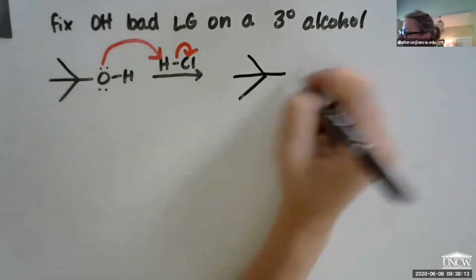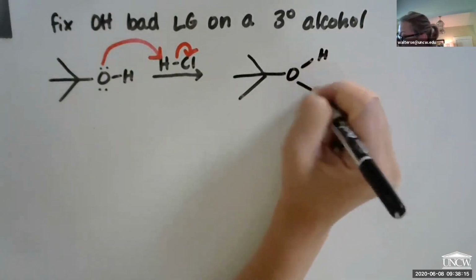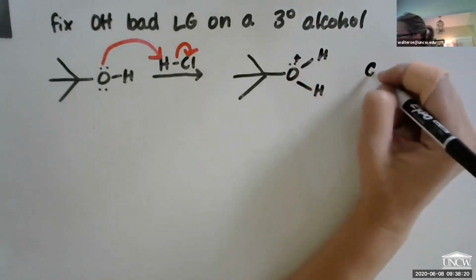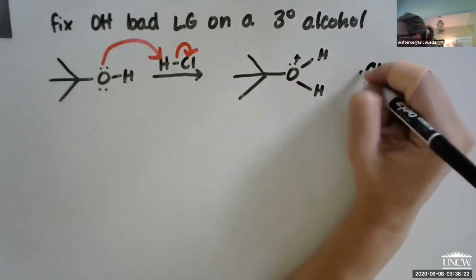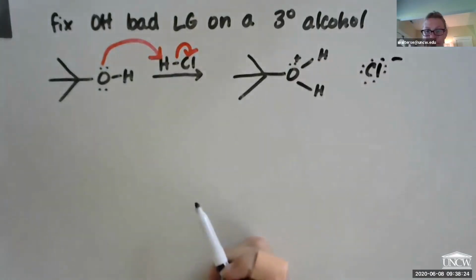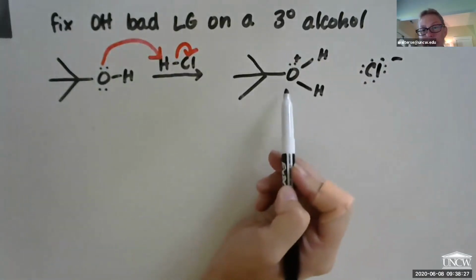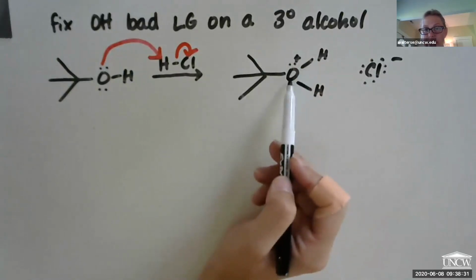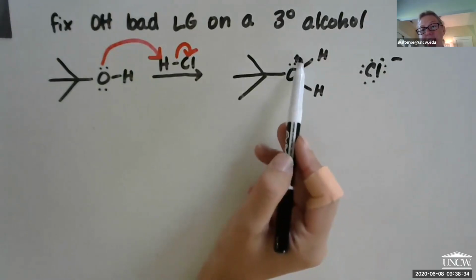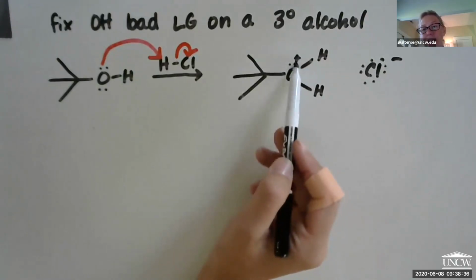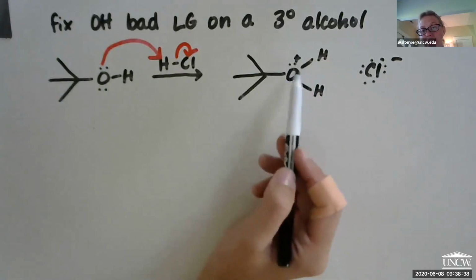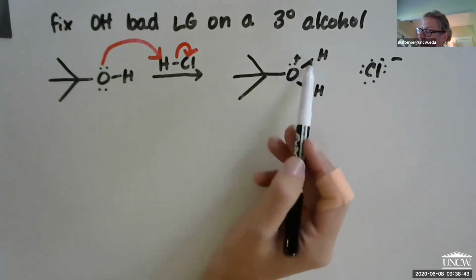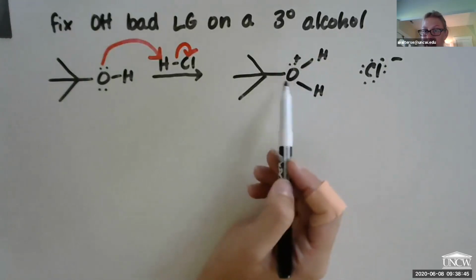The substrate then looks like this, and then there's a chloride present. But I want you to think about what's happening at this oxygen atom. Oxygen is a pretty electronegative atom, but you're forcing it in this structure to carry a positive charge and make 3 bonds. So this oxygen atom is not very happy, and it's going to pull on electrons in these sigma bonds very hard.